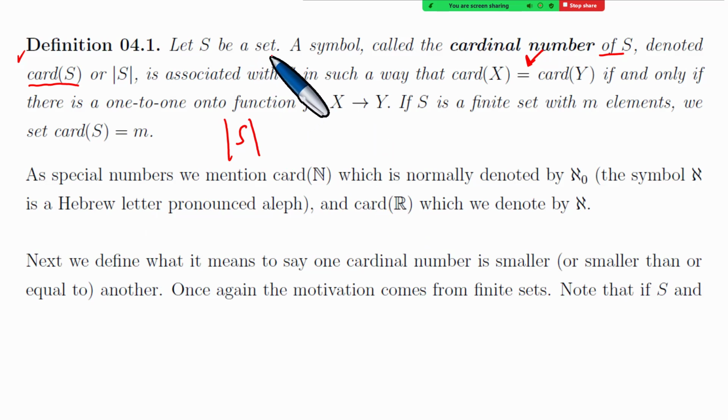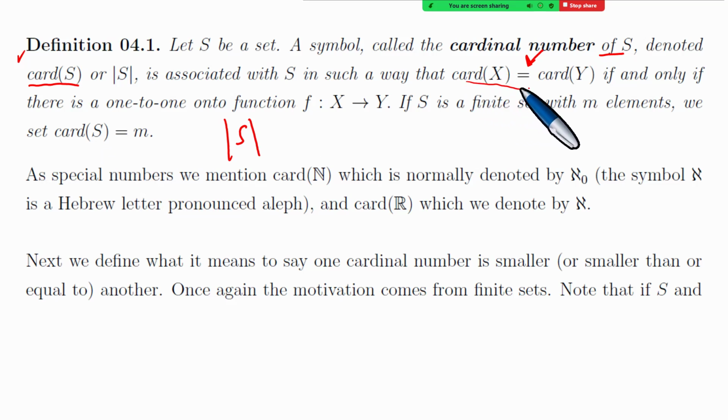Let S be a set. A symbol called the cardinal number of S, denoted by the modulus of S, is associated with S in such a way that the cardinal number of X is equal to the cardinal number of Y. So when do two sets have the same cardinal number?